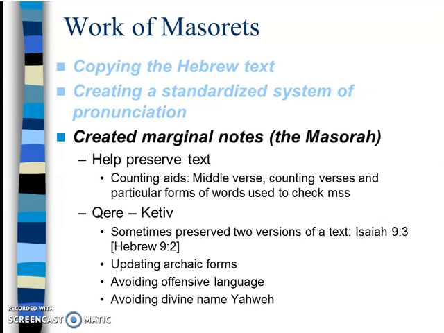They would put the vowels of an entirely different word, Adonai, which means Lord, under the consonants of Yahweh, as a way of indicating to the reader that you should read it as Adonai Lord, and not say the divine name Yahweh.